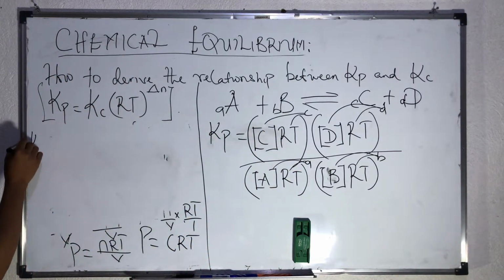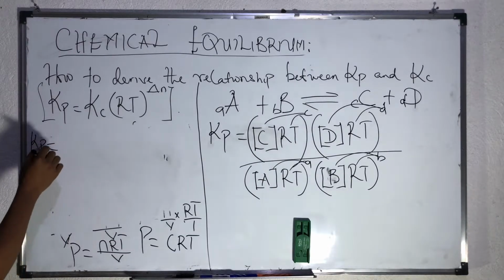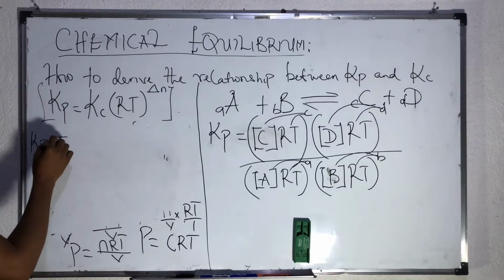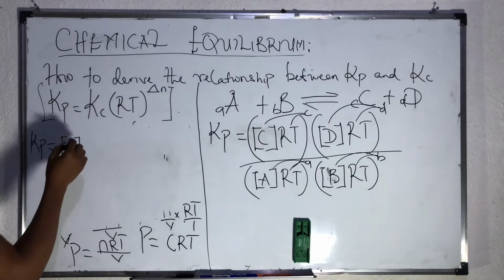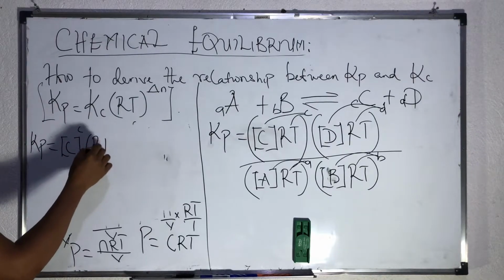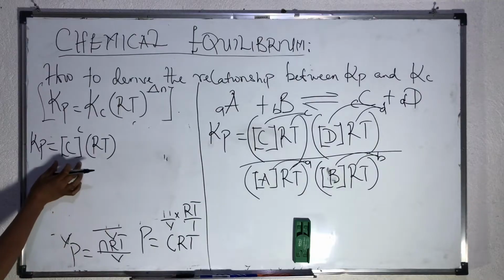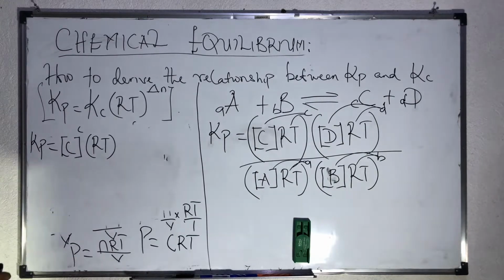Our Kp will now be equal to, so here we have the concentration of C, okay, raised to the power C multiplied by RT. Remember, we use these square brackets to denote concentration.